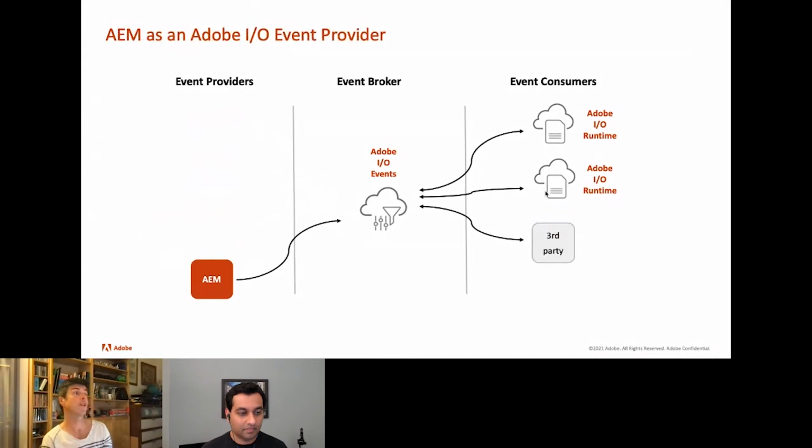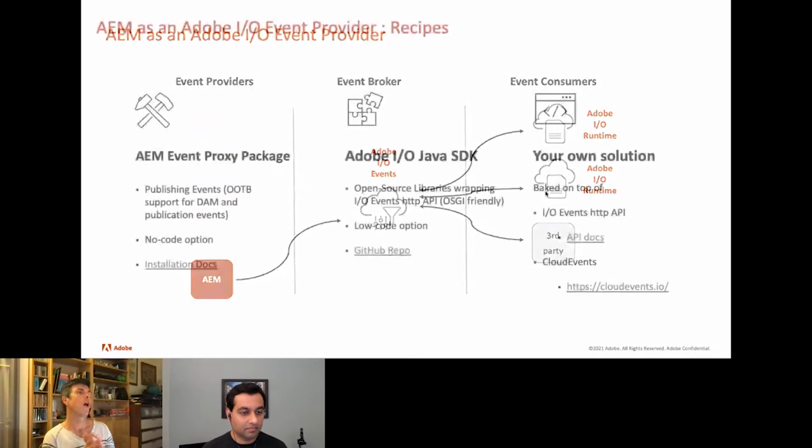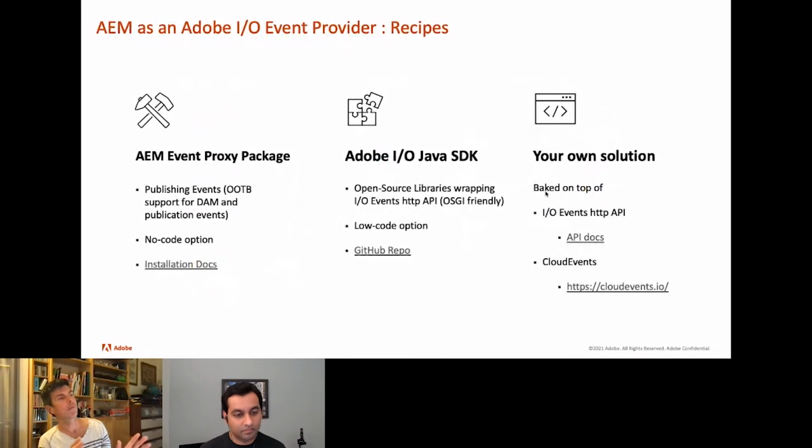So let's see how it goes. If you choose to have AEM as an Adobe I/O event provider, then what you can do is use the AEM event proxy package, which comes with an out-of-the-box supported set of events. We chose to map a set of predefined OSGi events into I/O events, so you can start consuming them.